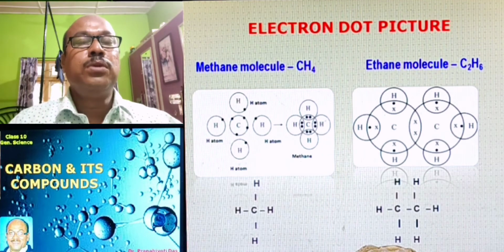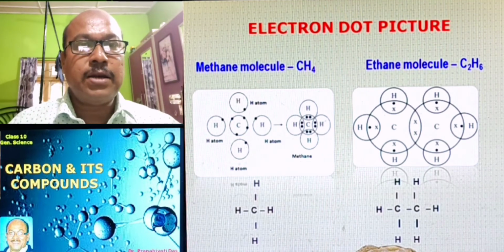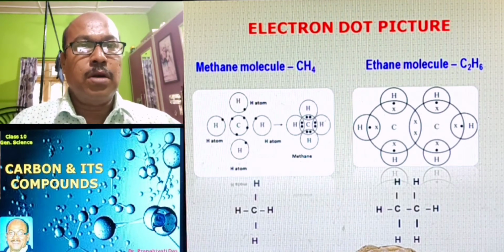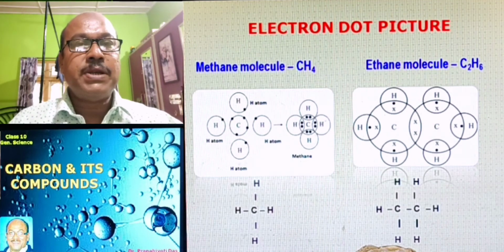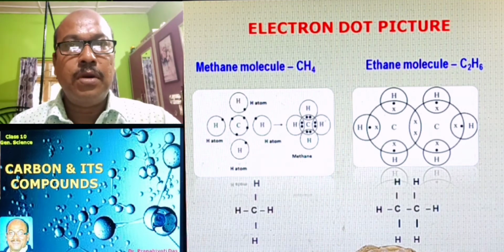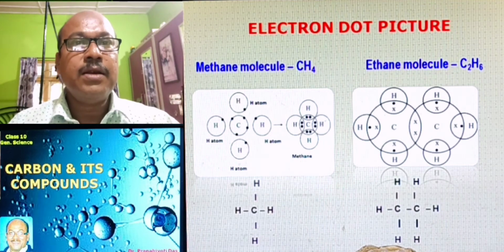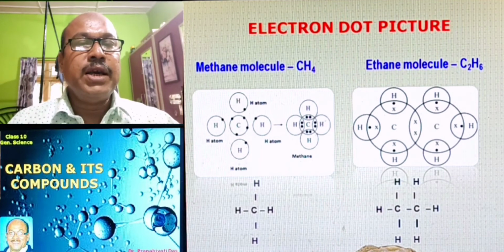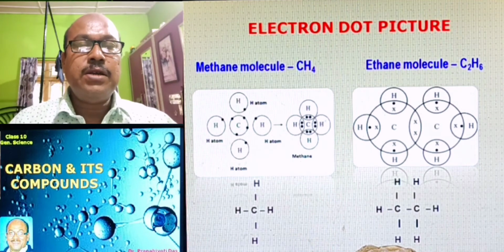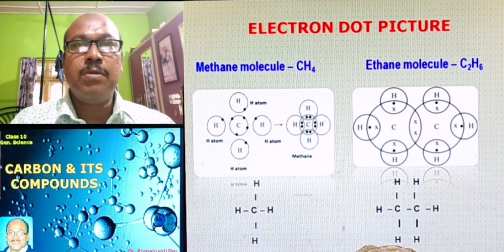But we will not draw all the 8 electrons of oxygen while drawing the diagram. We will depict only those electrons which are present in the outermost orbit. So how many electrons are present in the outermost orbit of oxygen? 6. Therefore, in case of oxygen, when we draw the electron dot picture, instead of 8 electrons, we will give only 6 electrons, and that will be called the electron dot picture of oxygen.